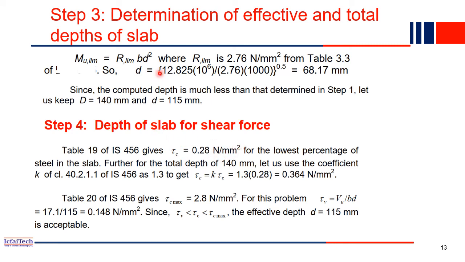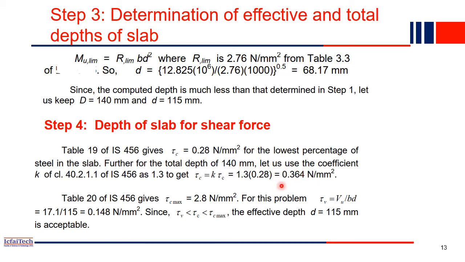But here in this problem, let's compute how much shear stress is applied. The depth of the slab, let us use the coefficient K. As I mentioned earlier, the K value from this clause comes out to be 1.3. So tau c, 0.28 multiplied by the K value 1.3, we get 0.364.